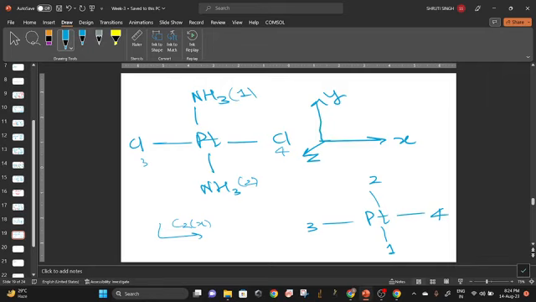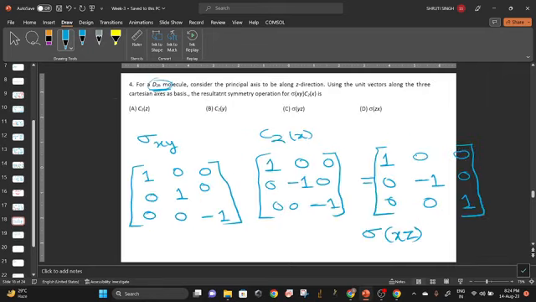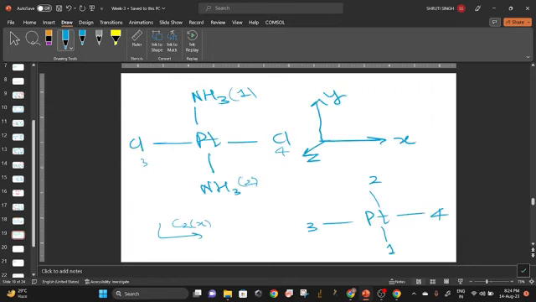But here we are taking basis as the Cartesian axis. Here atoms are not basis. If atoms would have been the basis, after rotation we will write minus 1. Suppose this is some atom with positive lobe and negative lobe.